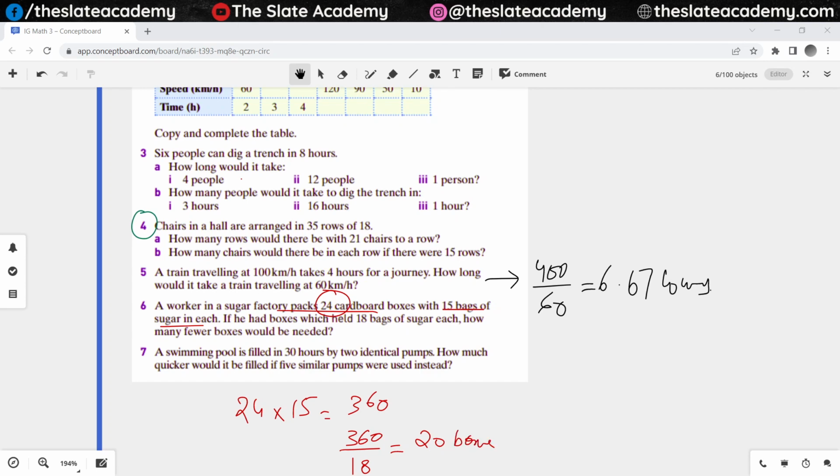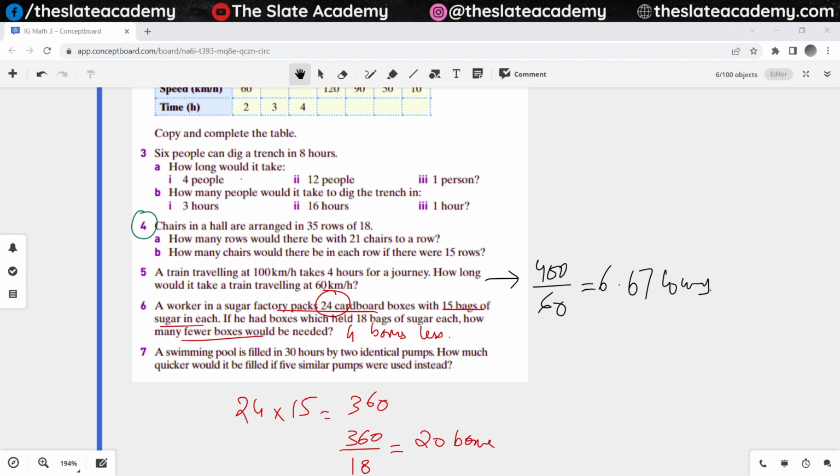So there are 4 boxes fewer. The answer wouldn't be 20 boxes, it would be 4 boxes because it asks how many fewer boxes would be made.